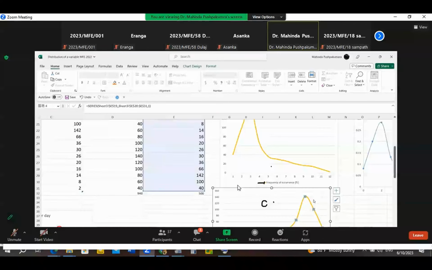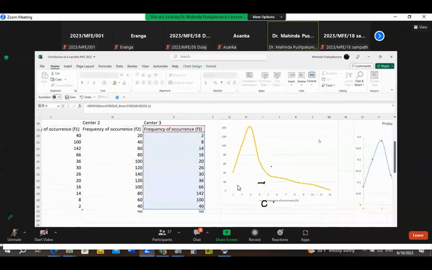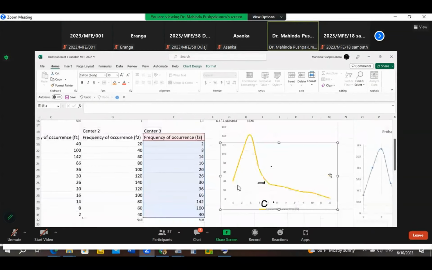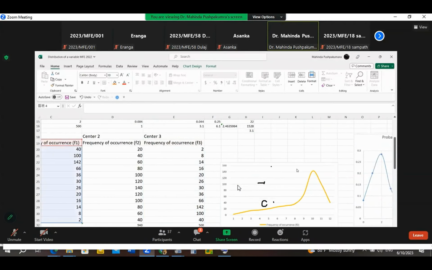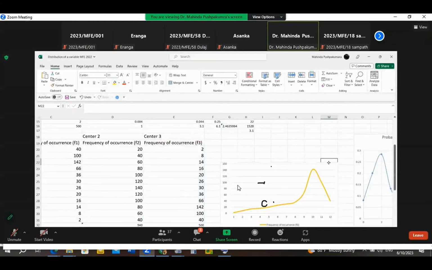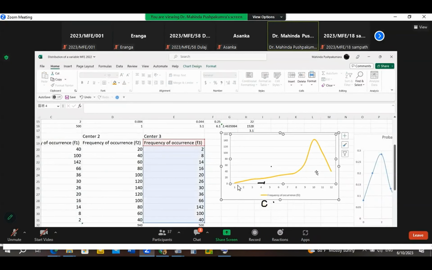Now how about this one? This curve is related to center 3. It is completely different. What is the situation? You can see the tail on the left side.